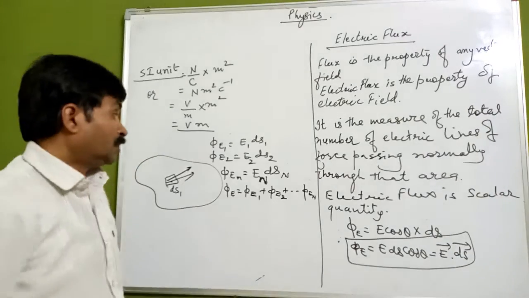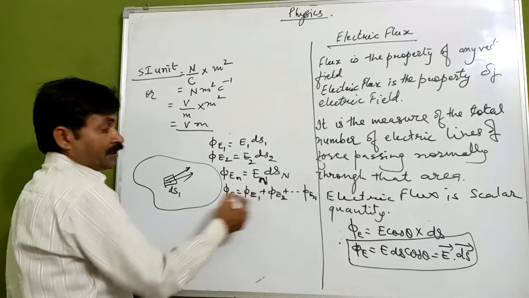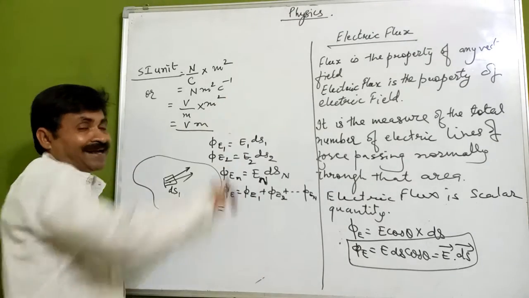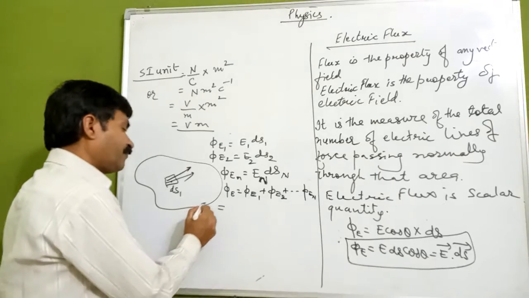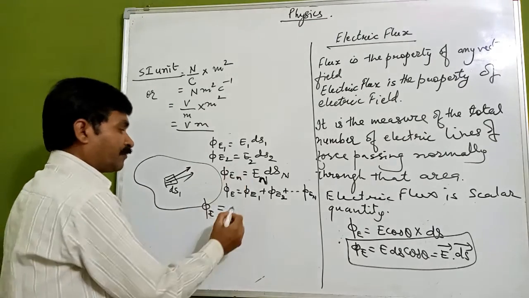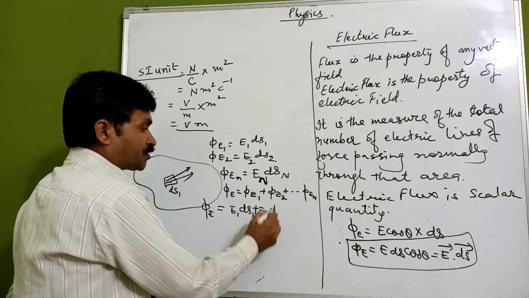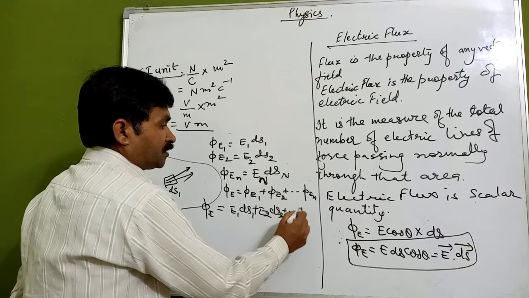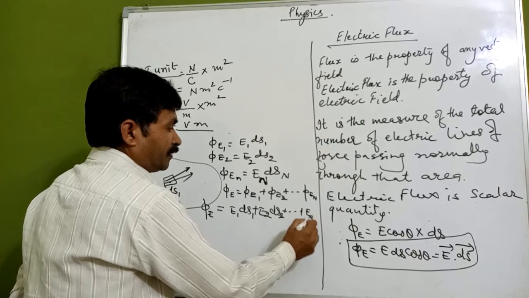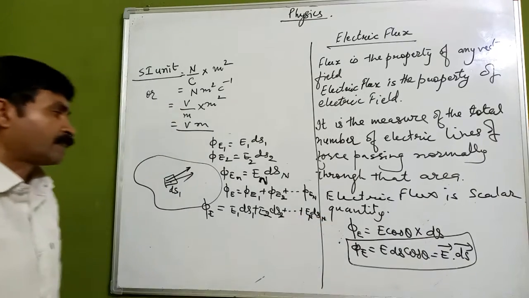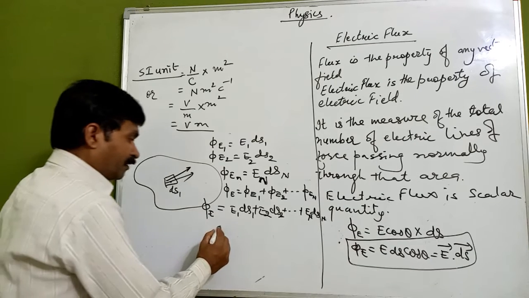Now if we add them, what are we getting? We are getting the total field lines, meaning the electric flux, which will be phi E equals E1 dS1 plus E2 dS2 and so on up to En dSn.